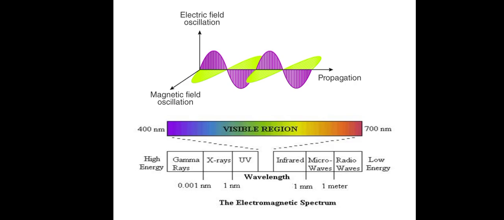There are many types of electromagnetic radiations which differ from one another in wavelength. These constitute the electromagnetic spectrum. The band of the electromagnetic spectrum is being shown in the slide.